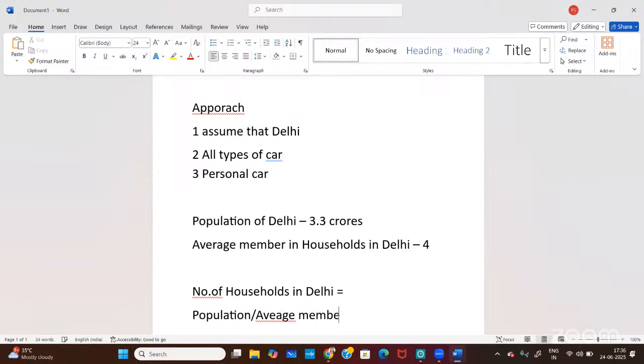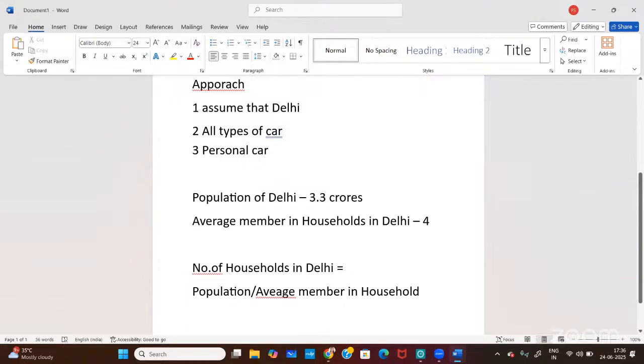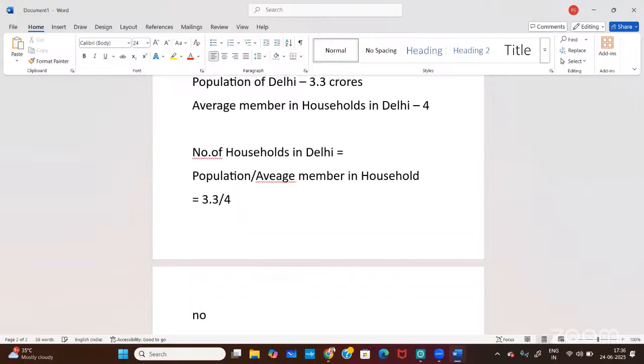If we calculate, we get 82.5 lakhs. So these many households are present in Delhi.